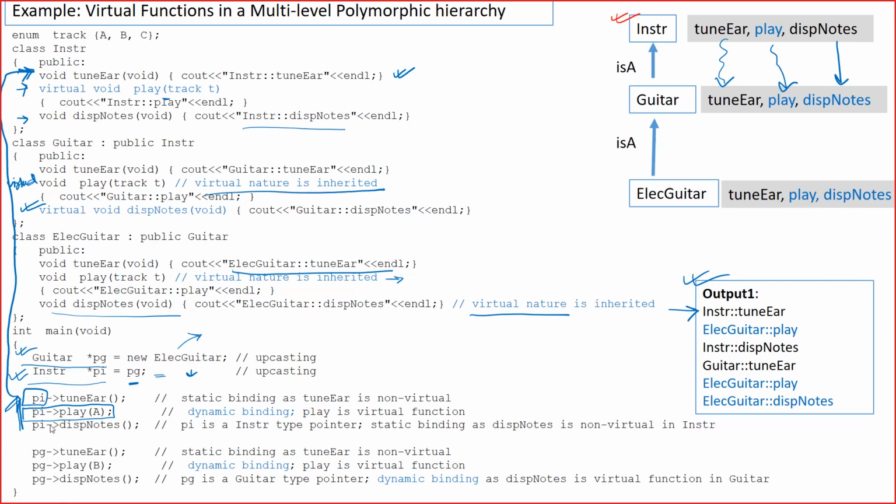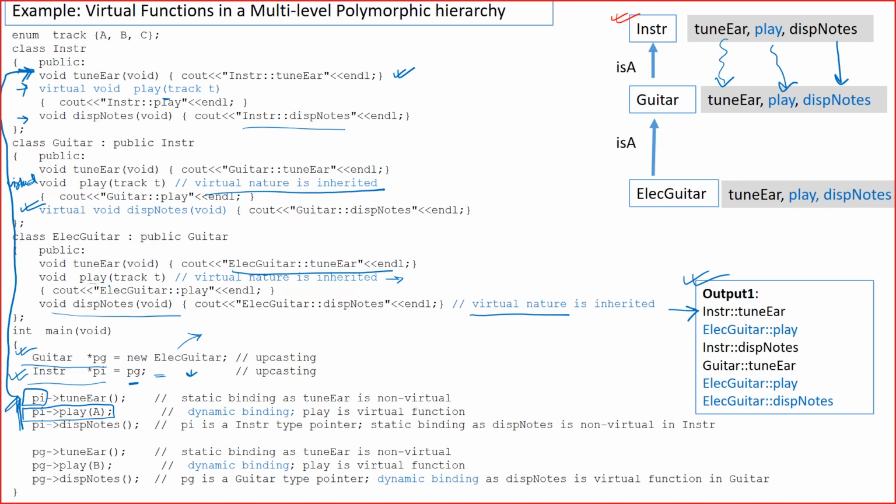Here static binding happens, and this call actually calls this particular tuner. And now pi arrow play a. Which one needs to be called? Play a is a virtual function throughout the hierarchy. This is virtual, this is inherited as virtual, and this is also inherited as virtual.